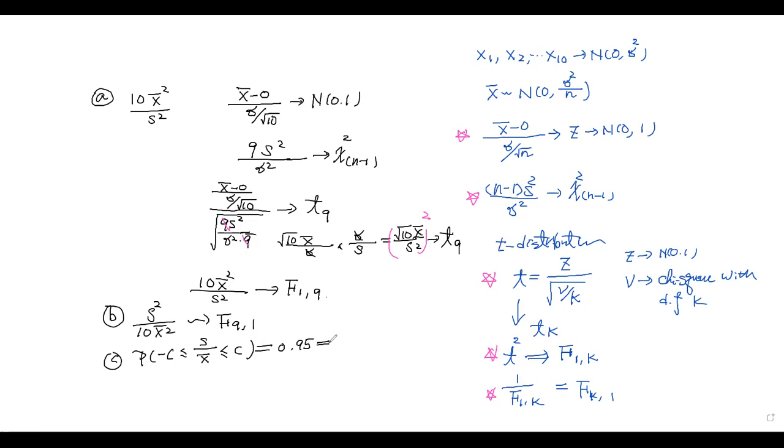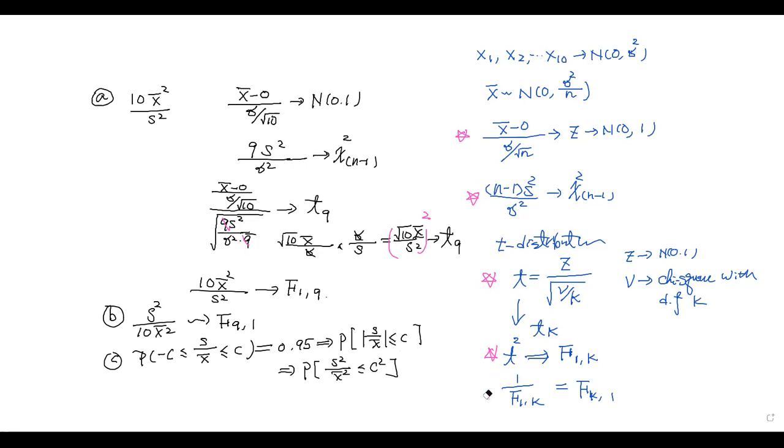We can do this: this is just the probability that the absolute value of S over x bar is less than C. Then you square, so this is S squared over x bar squared less than or equal to C squared.